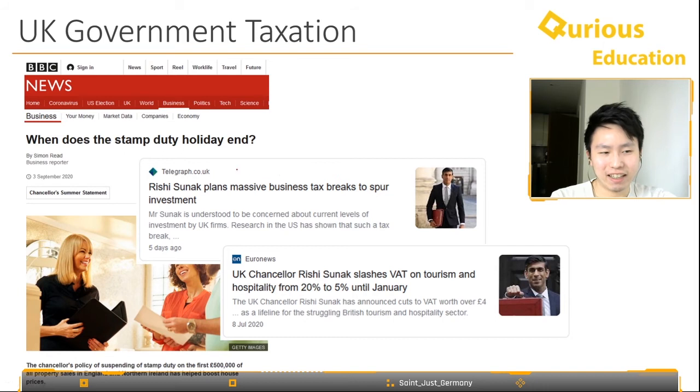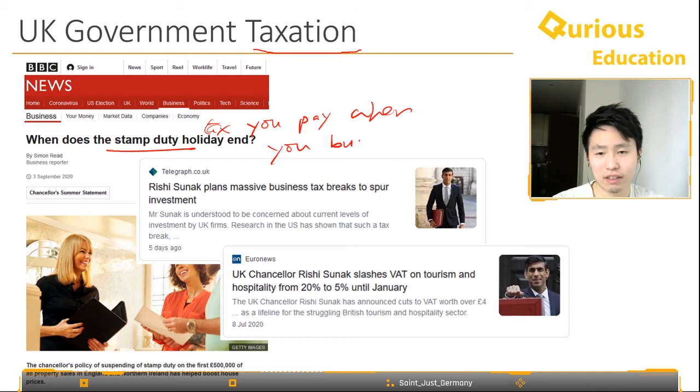And of course, during these times of uncertainty and business disaster, we've got a reduction in taxation to stimulate the economy. So we can see, I'm not sure if you know what stamp duty is. Stamp duty is basically tax you pay when you buy a property. It's tax you pay when you buy a house.